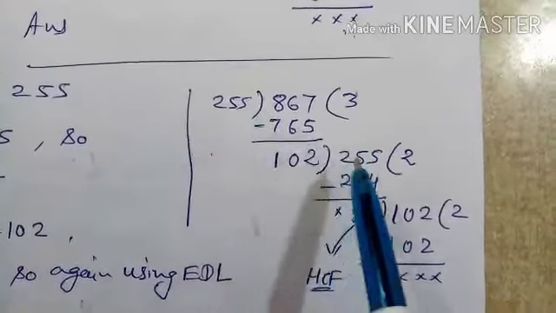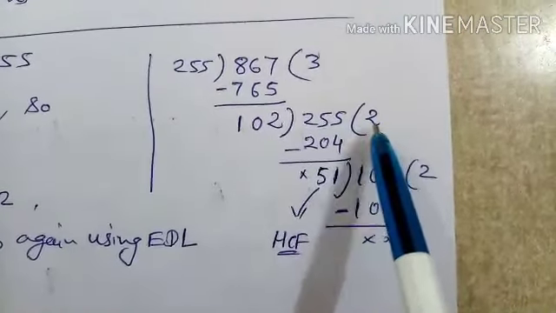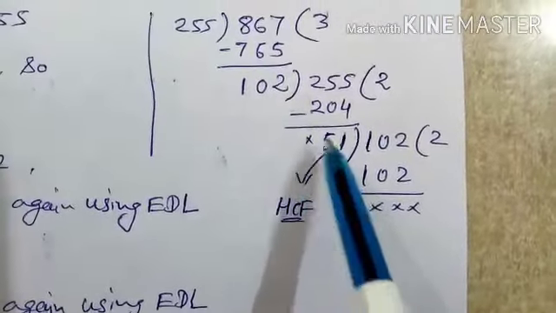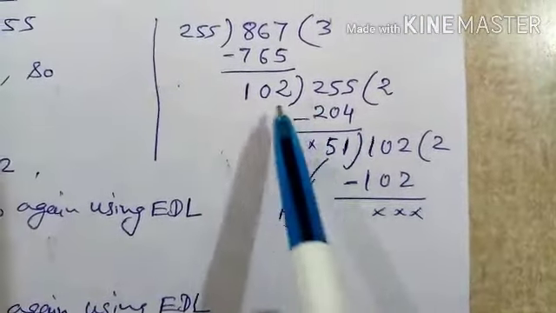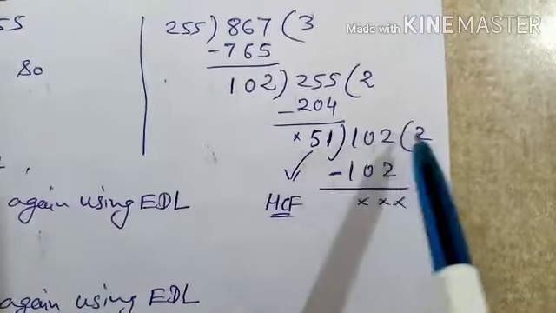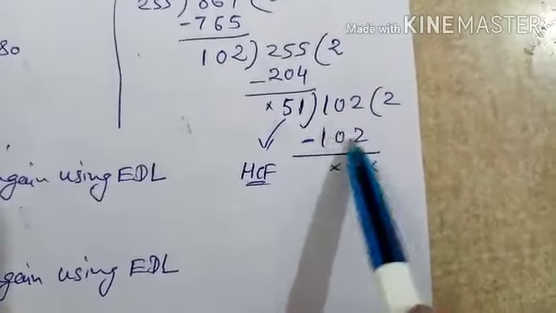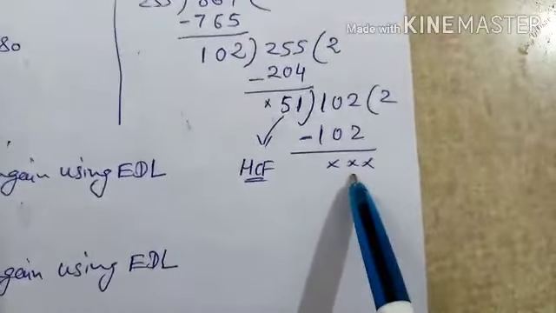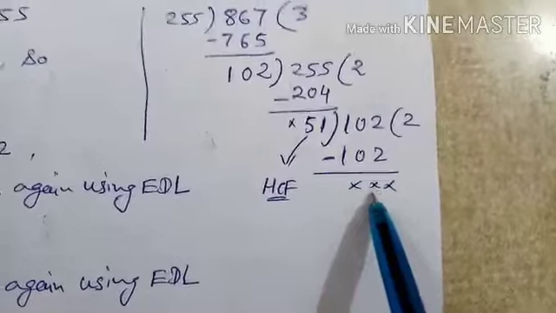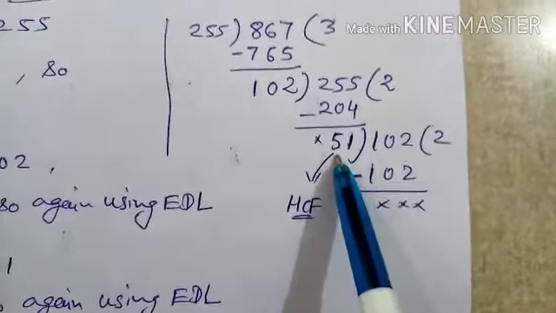Now 255 transfers here. 102 into 2 is 204, their difference is 51. Now this divisor, 102, transfers here. Now divided by 51, so 51 into 2 is 102. So 102 and 102 cancel out, and the remainder is 0. Since the remainder is 0, the last divisor, 51, is the SCF.